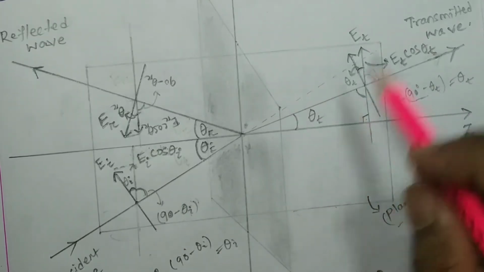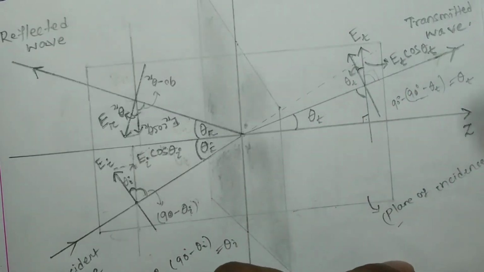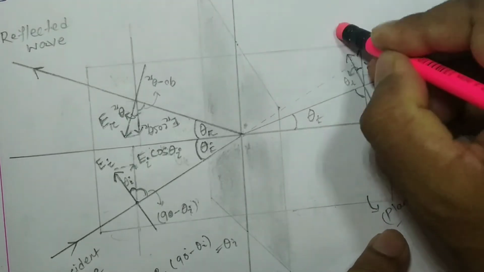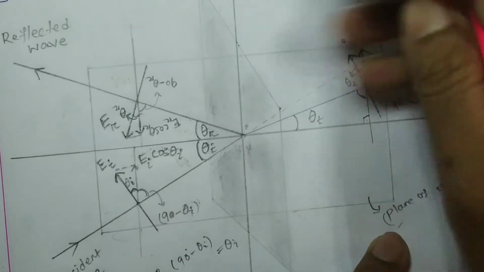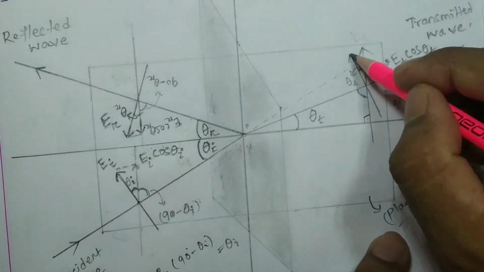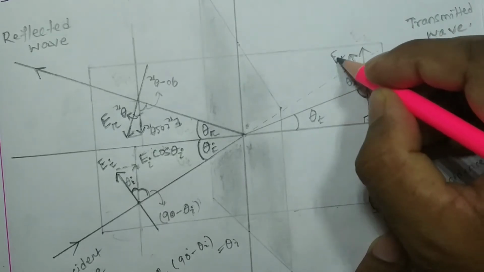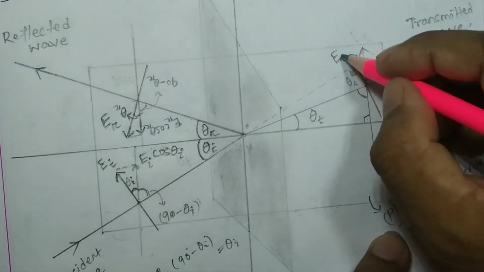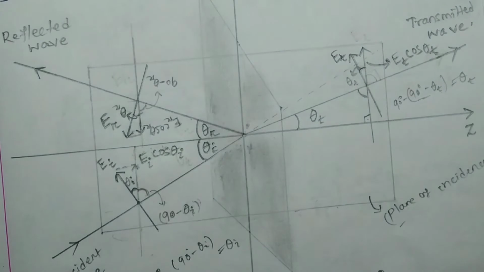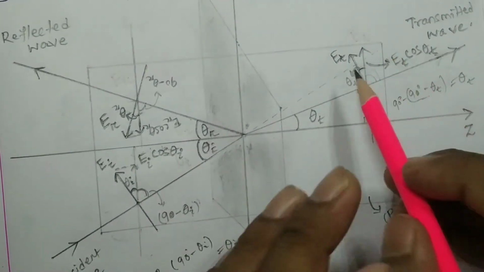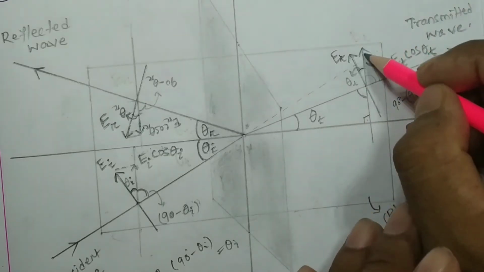This is your ET component. I have to write it over here, it will give you a better understanding. This pointer represents your ET, the transmitted electric field vector, and the corresponding ET cos theta is this one.